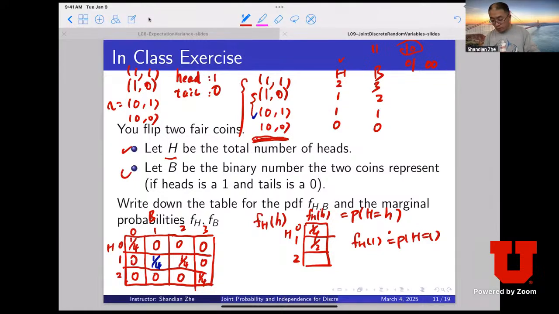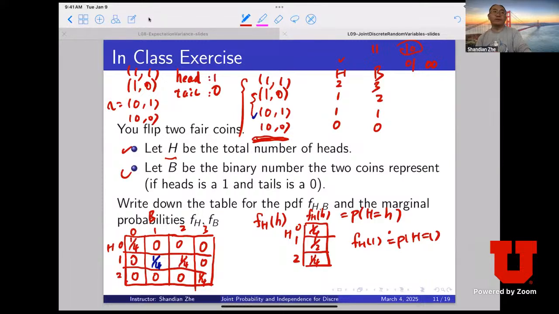So what's the PDF at 2? 1/4, right? Actually, we don't need to calculate the probability. We just subtract 1/4 and 1/2 from 1, and you get the remaining PDF value.